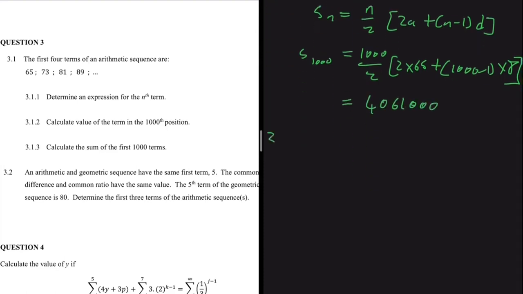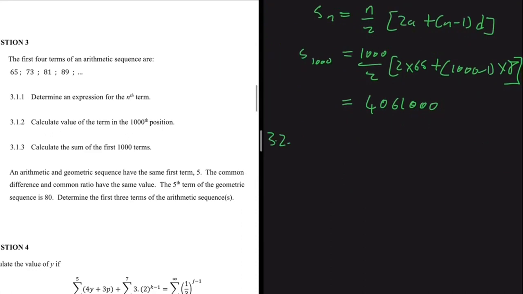Let's do 3.2. 3.2 says an arithmetic and geometric sequence have the same first term, right? The common difference and the common ratio have the same value. The fifth term of the geometric sequence is 80, and then determine the first 3 terms of the arithmetic sequence. So the first term of the arithmetic and the geometric are the same, right?